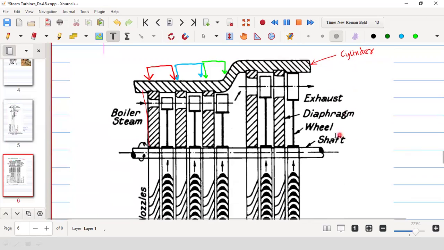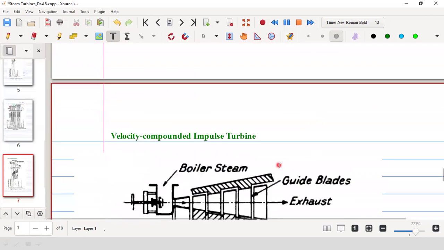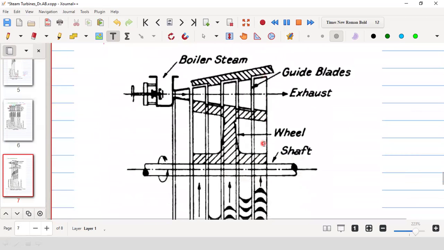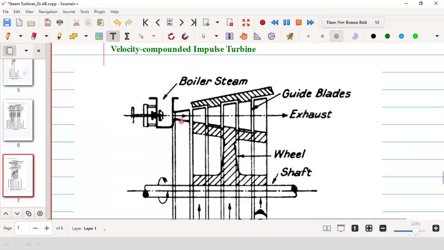Next, we will see the other one, which is called the velocity compounded impulse turbine. Now in this case, what is the difference you see? There is a nozzle here as usual. In every impulse turbine, there will be a nozzle which is connected to the boiler and the steam chest.